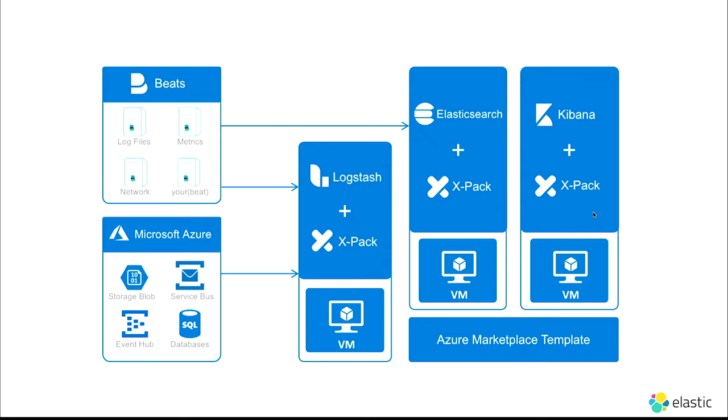What we have commercially instead are commercial extensions on top, basically add-ons or plugins. The nice thing there is you can just keep your open source installation as you set it up, and then if at some point you see that you can get value out of the commercial extensions, which are things like security and alerting and monitoring and reporting and machine learning, you can just install them on top, drop them right in, and you're good to go.